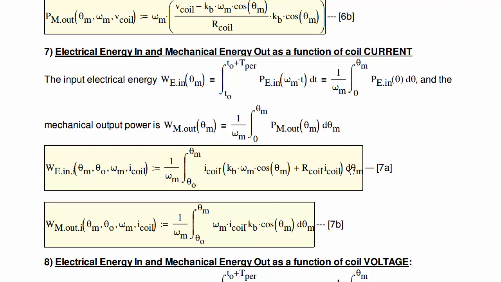Notice that we're integrating with respect to theta, and so you can relate d theta and d time by omega m, and that's why you end up getting a 1 over omega m out in front here, and that allows us to integrate with respect to theta as opposed to with respect to time.